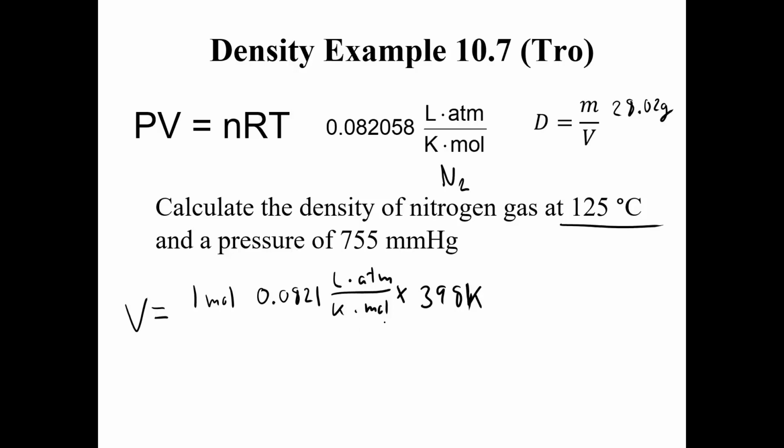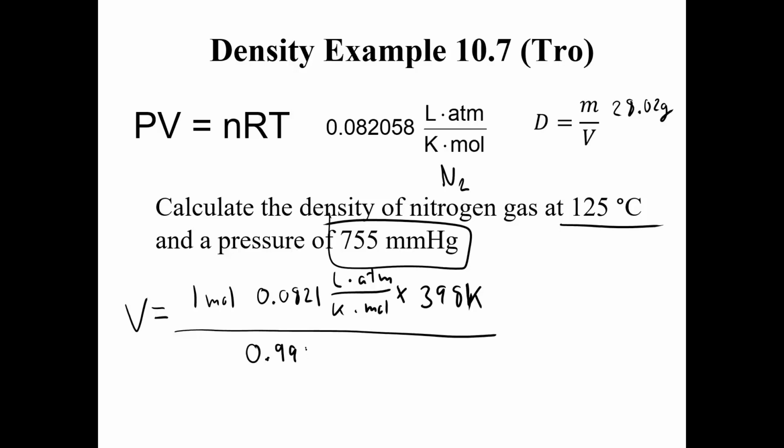And then I divide by the pressure, and I have to convert the pressure. There are 760 millimeters mercury in 1 atm, so I divide that by 760 to get atm, and so it's 0.993 atm, which is going to equal 32.9 liters.